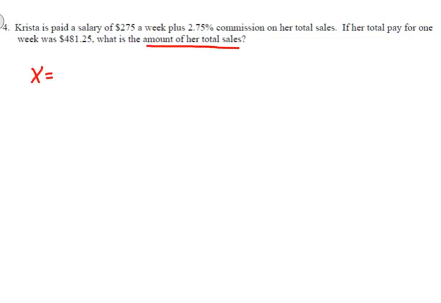So X is her total sales. It says she gets paid $275 a week plus her commission. Now it says her commission is 2.75% of her total sales. So really we need 2.75% of her total sales.